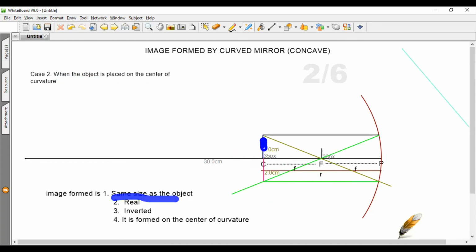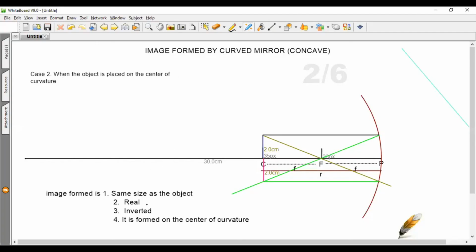You can see object is 2 centimeter, and the image is 2 centimeter. So we say they are same size. It is real, can be formed on the screen, inverted, upside down, and it is also formed on the center of curvature.